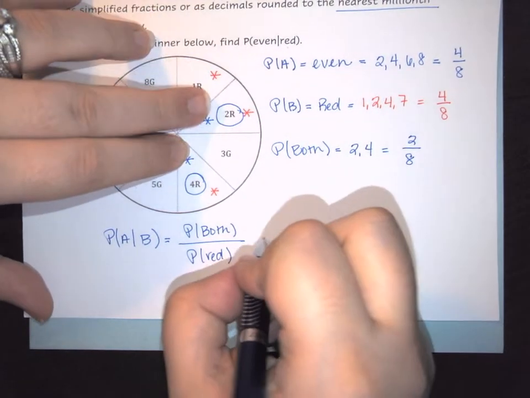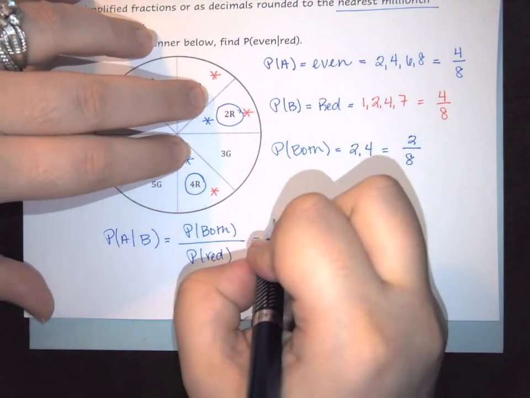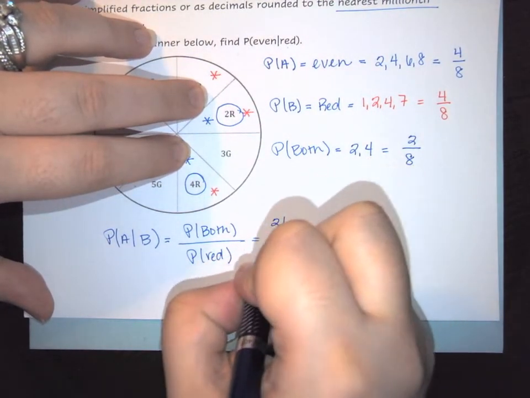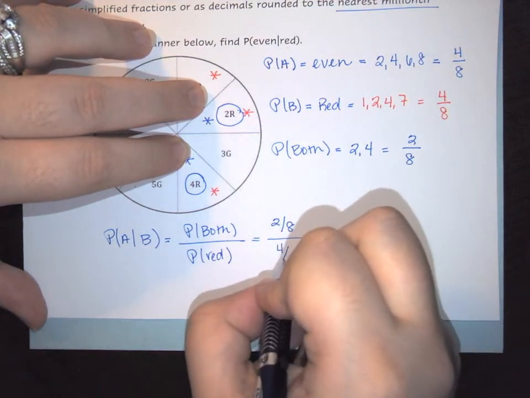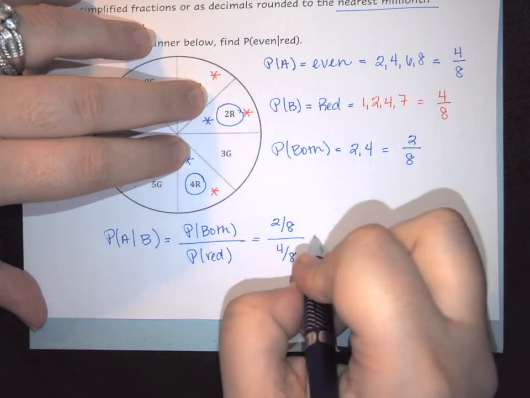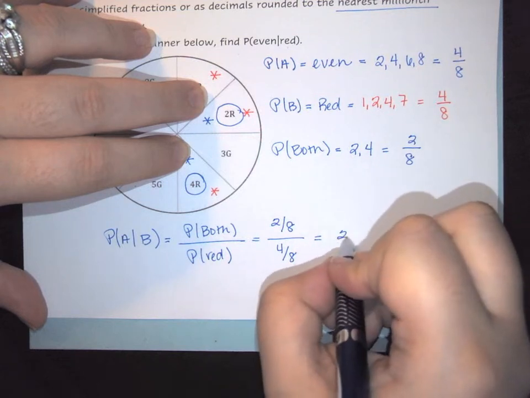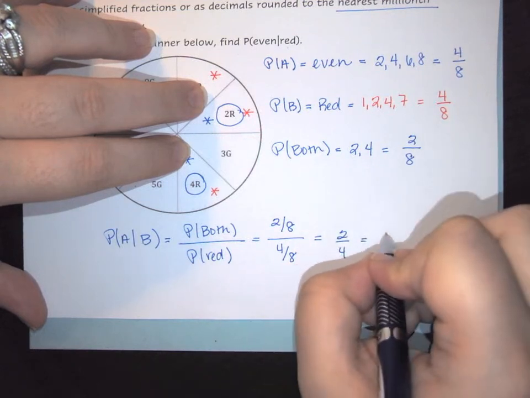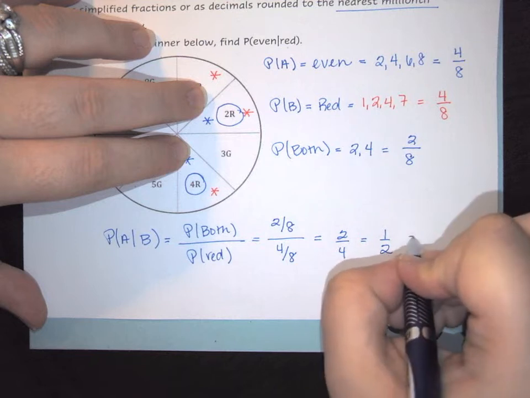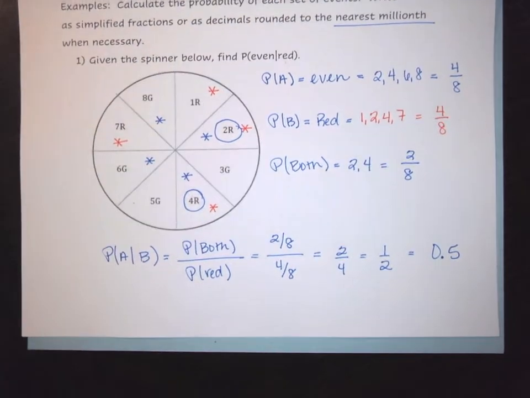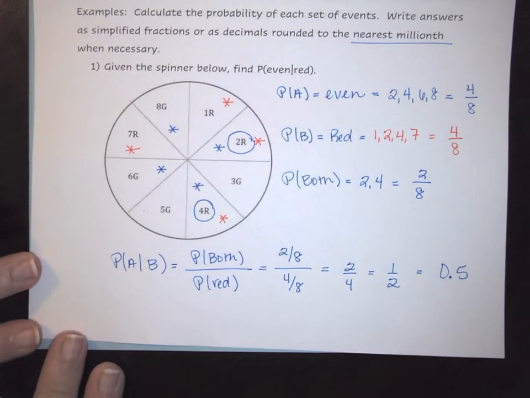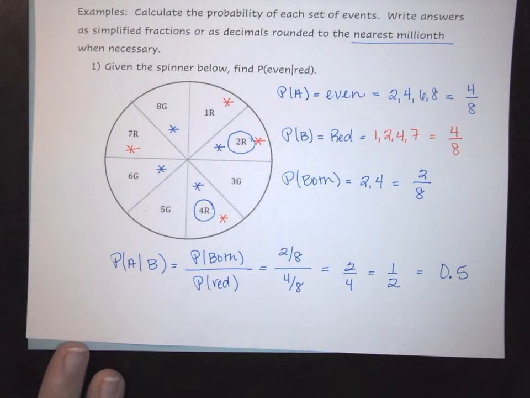In this case, the probability of both is going to be 2 over 8. The probability of red is going to be 4 over 8. When we reduce, we end up getting 2 over 4, which is the same as 1/2, which gives us a probability of 0.5. Okay, and that's all that we need to do. As long as you remember your definition, you should be good to go.